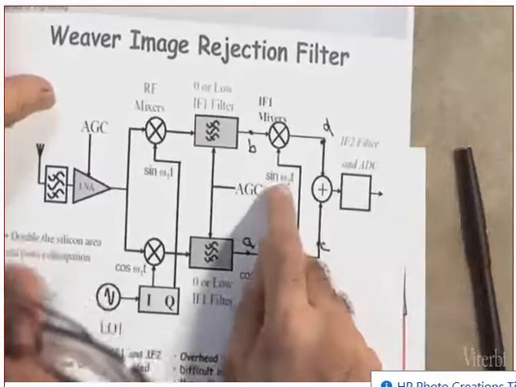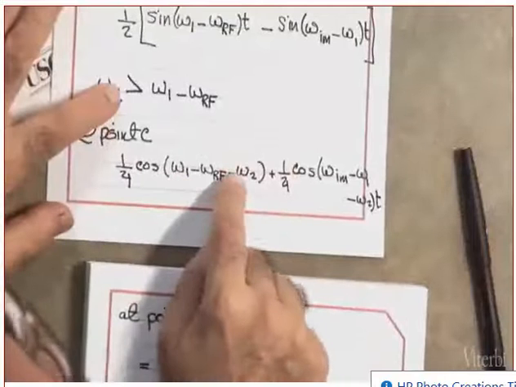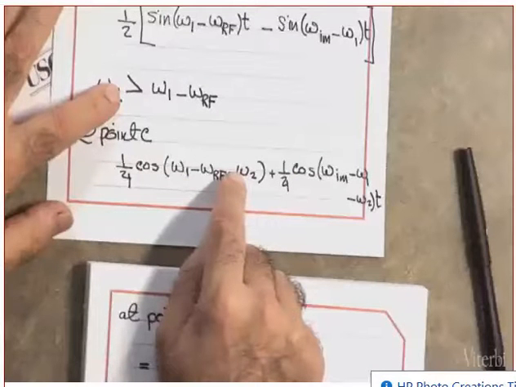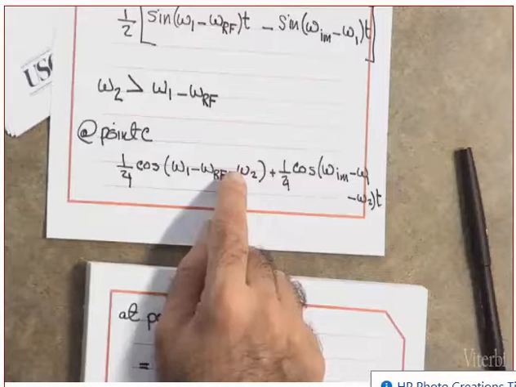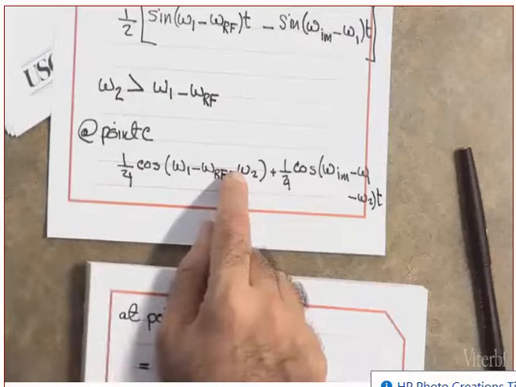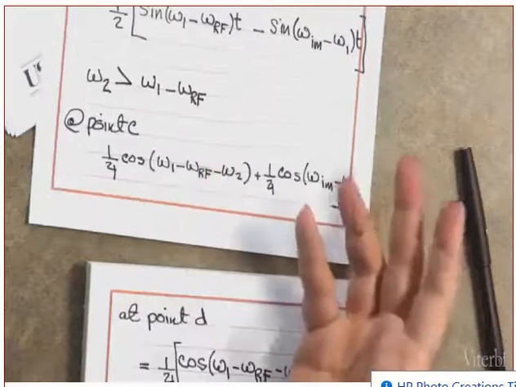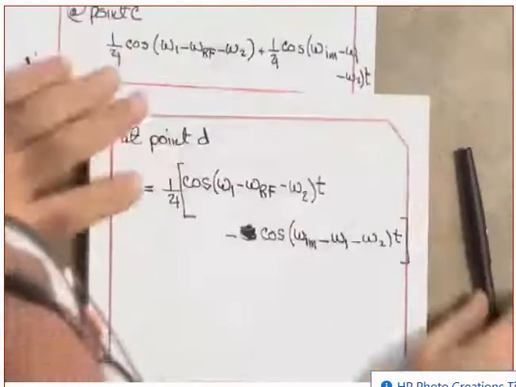But if you choose omega 2 such that this term will be equal to 0, it means you went from RF directly to baseband, which means you did not create any new image. Agree?